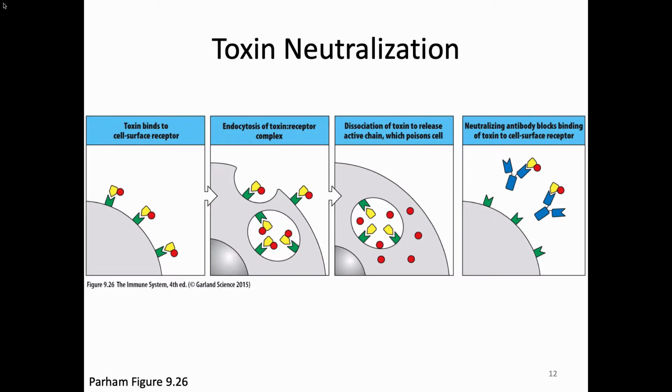So often, a toxin may bind to a receptor on a cell that may let the toxin into the cell where it can do its damage. We can imagine antibodies neutralizing that toxin and blocking the toxin from interacting with the cell, and thus actually blocking the ability to cause damage to the cell.